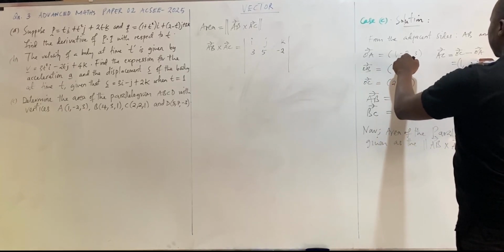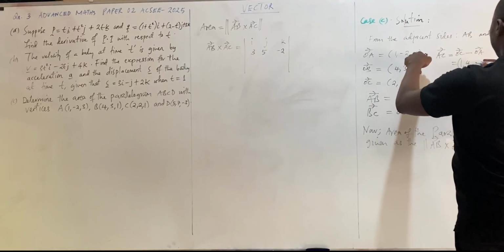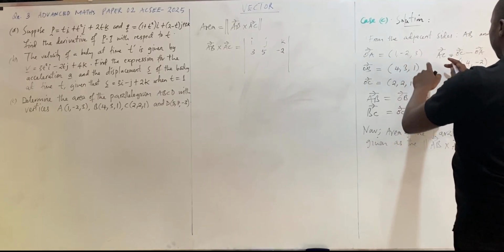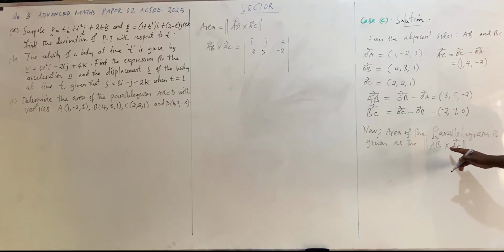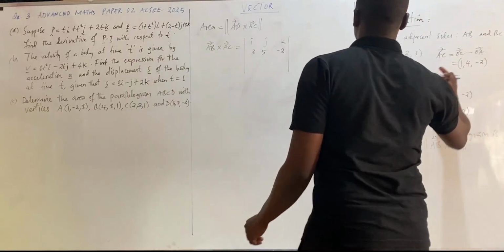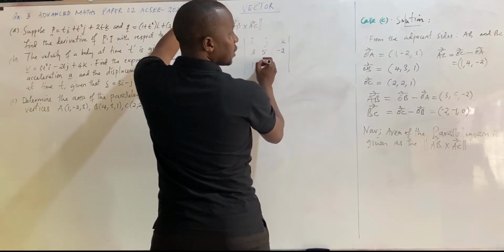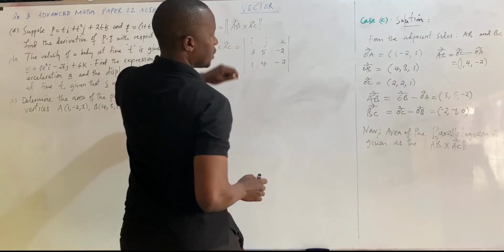Then 2 minus negative 2, we get 4. Then 1 minus 3, we get negative 2. So this will represent AC. And the formula says AB cross with AC. So this one has to be here: 1, 4, and here is negative 2.